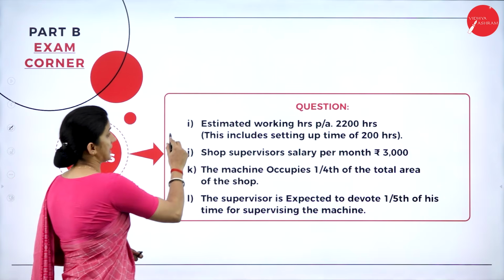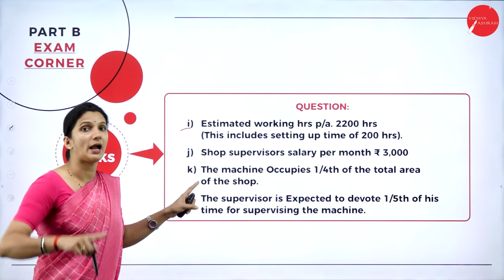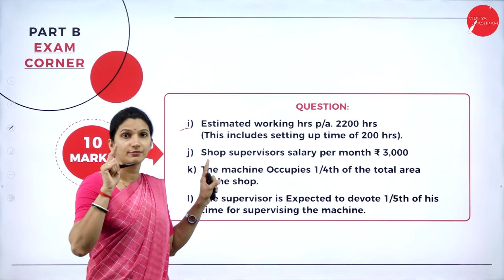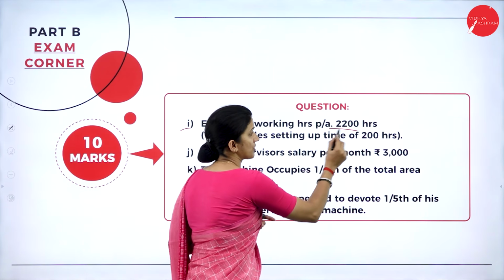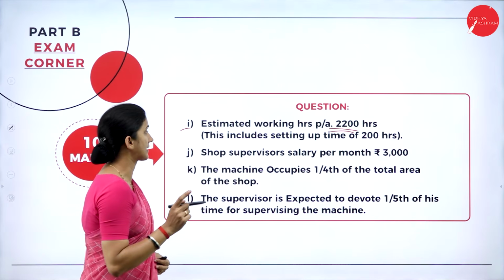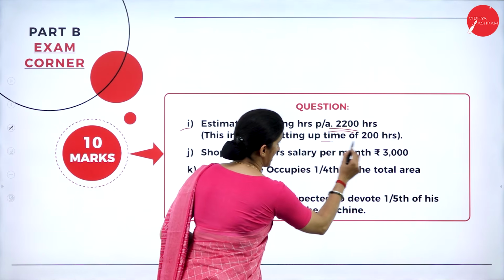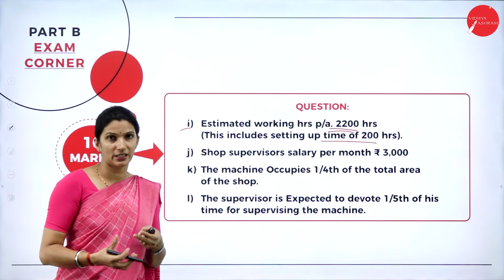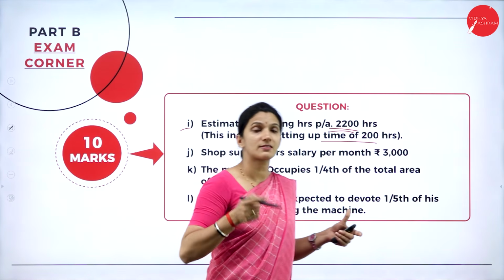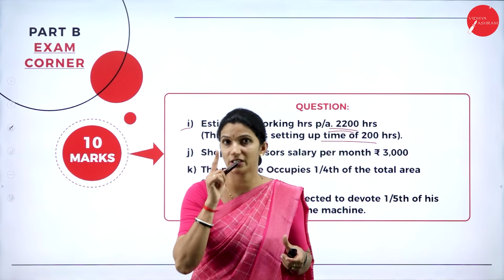Next we have estimated working hours per annum. That means the total number of working hours of the machine for the year is 2,200 hours. This includes setting up time of 200 hours. When we do the machine hour rate calculation, we need to know exactly the working hours of the machine in a year.